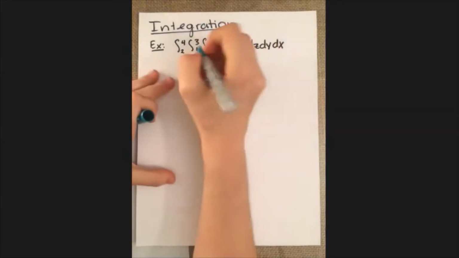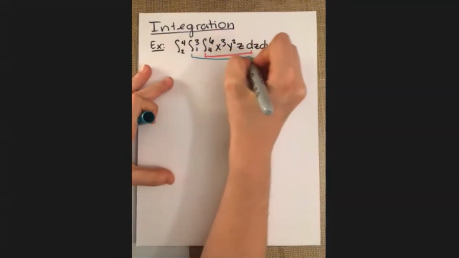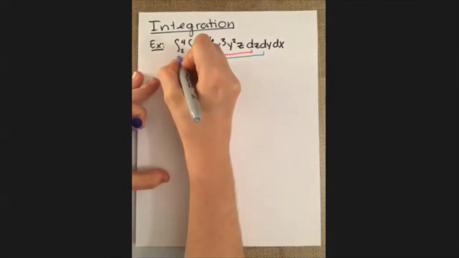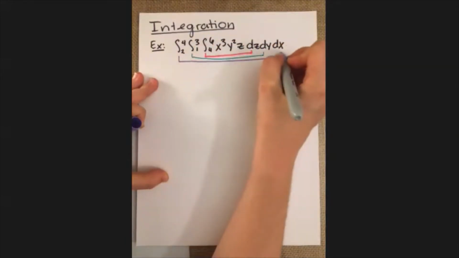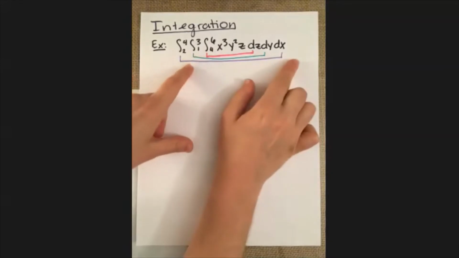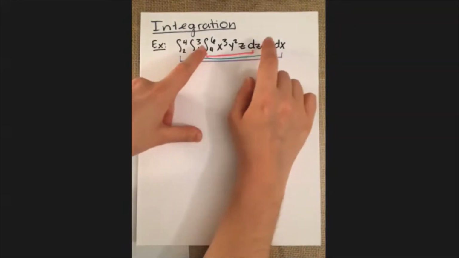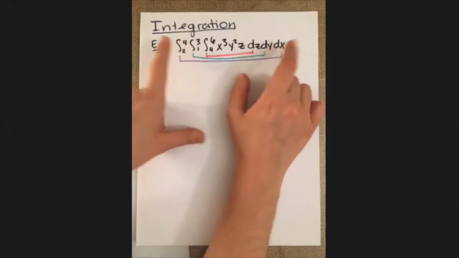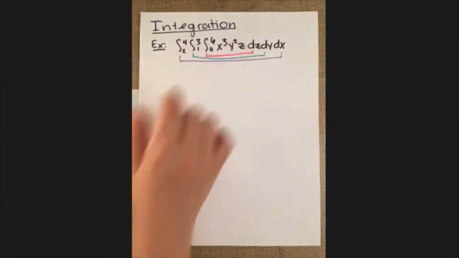The dy goes with the second integral, the 1 to 3. And dx is paired with the 2 to 4. So keep in mind that we're thinking of this as an integral that's taken 3 times, where the inside dz goes with the inside integral, the dy goes with the second one, and the dx goes with the outer one.